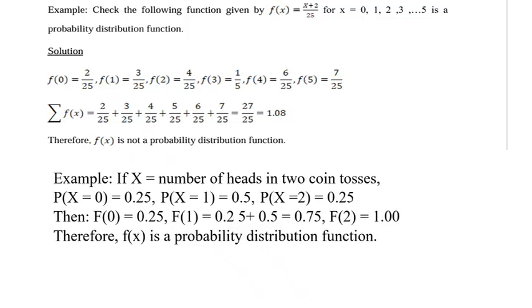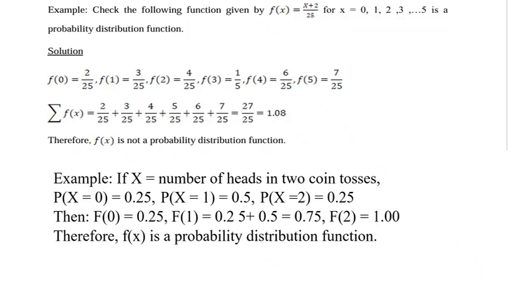Example: check whether the following function, given by f of x equals x plus 2 over 25, for x equals 0, 1, 2, 3, 4, and 5, is a probability distribution function. So our x is 0, 1, 2, 3, 4, 5. For f of 0, that will be 0 plus 2 over 25.